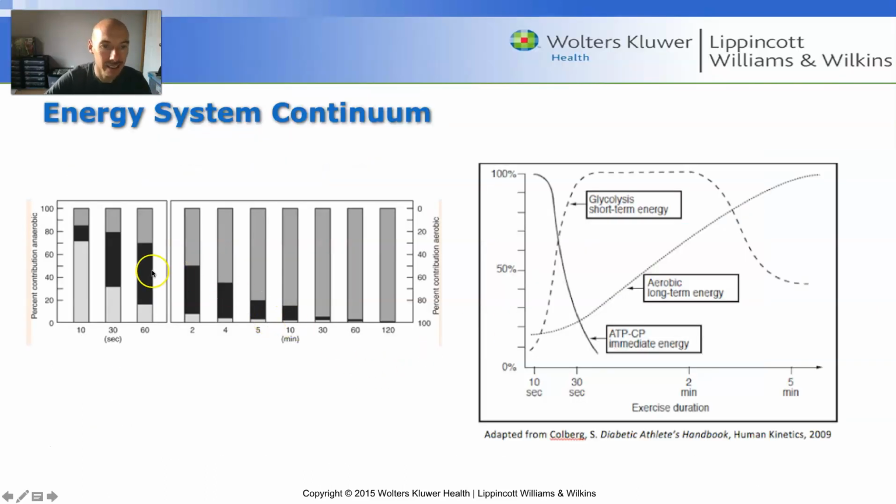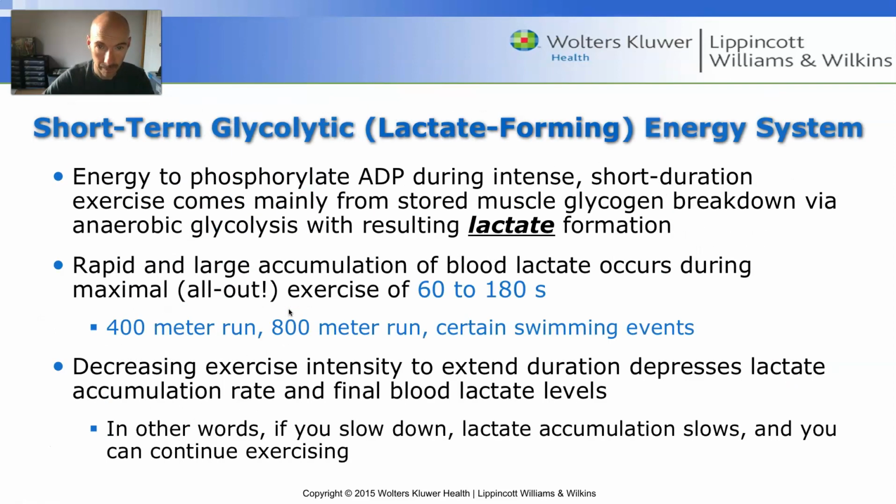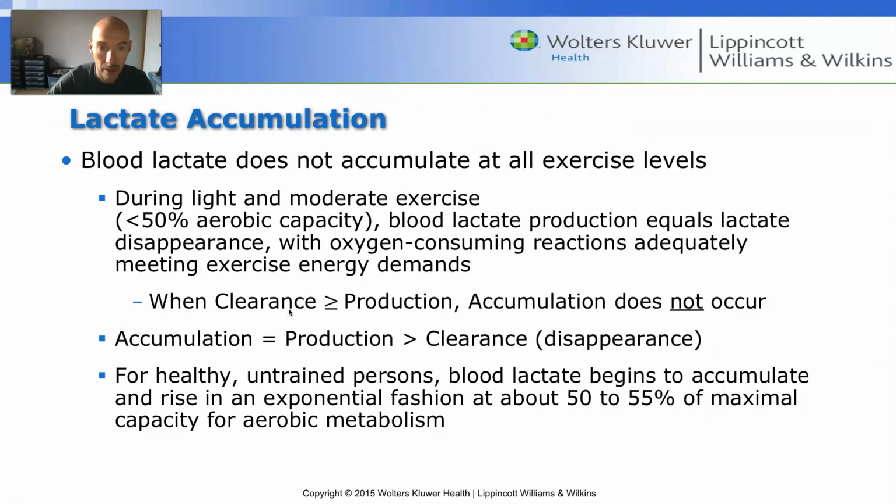Now, since we always have some glycolytic contribution, there is always going to be lactate production, always. However, when your intensity is lower, lactate is cleared at an equal or even a greater rate.